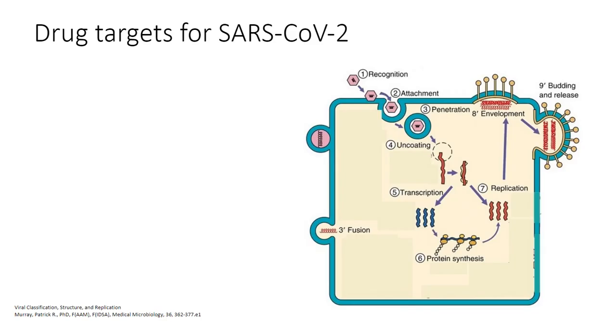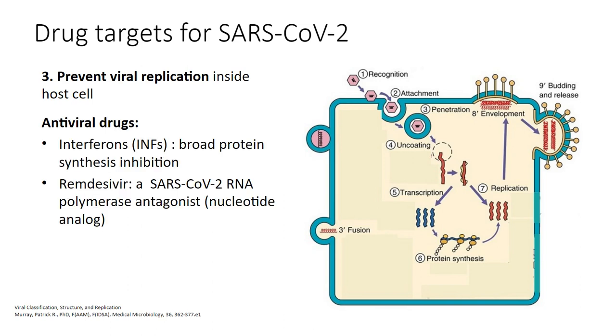I also give the students this figure, which is sort of a generic figure showing different ways that viruses get into and out of cells, and say, now let's think about what we might do. It's in the cell. How could we possibly prevent it from reproducing? And so this turns out to be where most of the antiviral drugs are working.